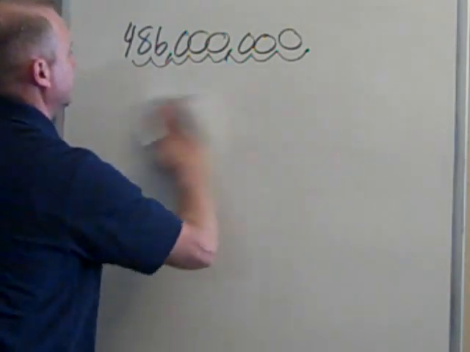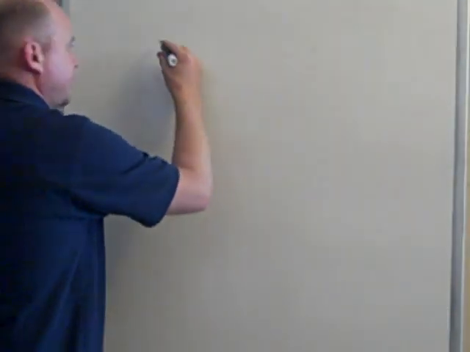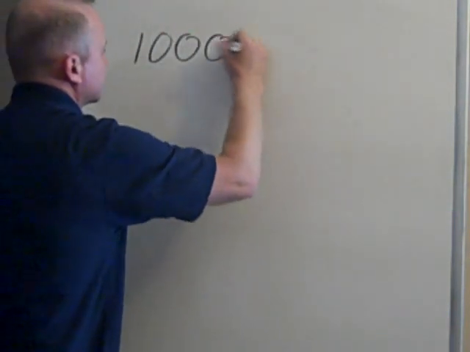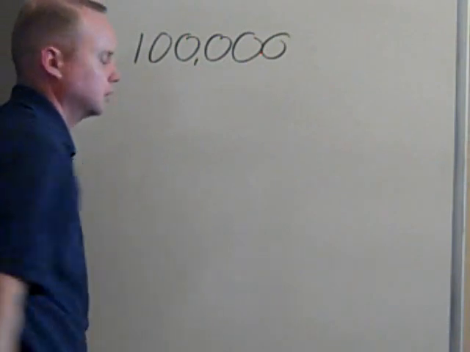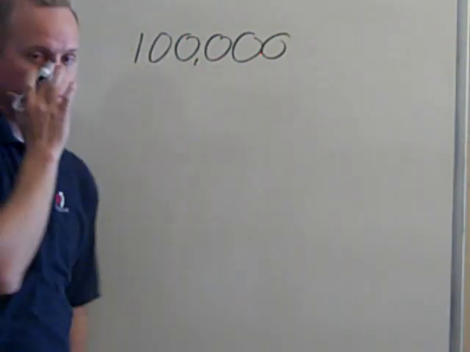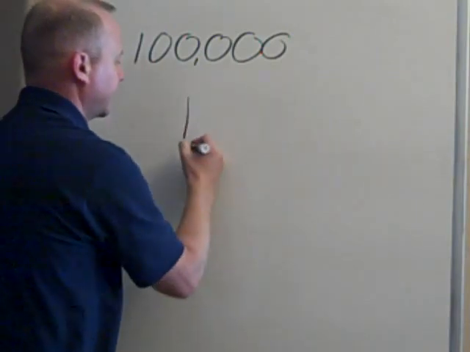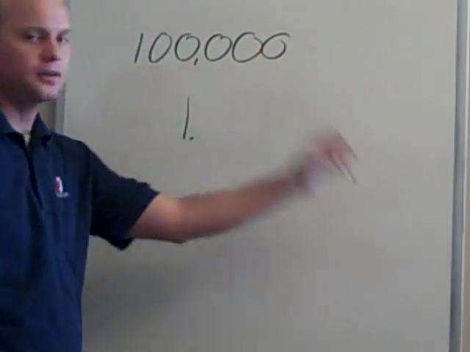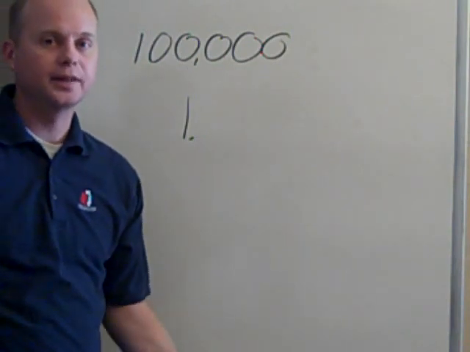Now let's do one more here. If I had you write the number 100,000, and I asked you to write it in scientific notation, I take the first number, which is a 1, I write that, and then I can write the decimal after it. But the problem with writing the decimal after it is everything else after that is zeros, so I don't write anything else.